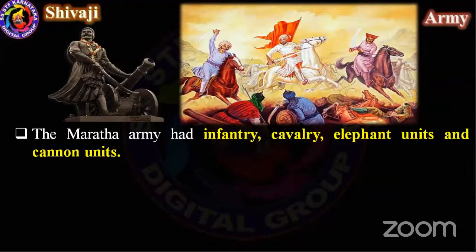Next, this is about his army. In the Maratha army, like other rulers, there were infantry, meaning foot soldiers, and cavalry, horse-riding soldiers, elephant units, and cannon units.